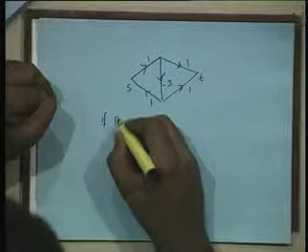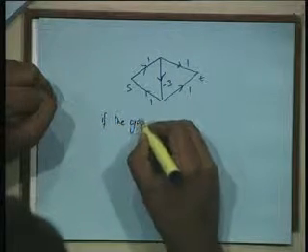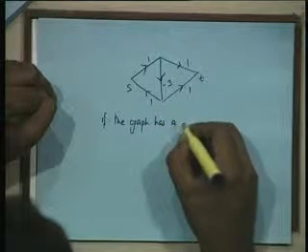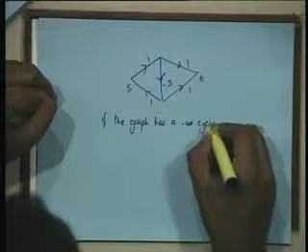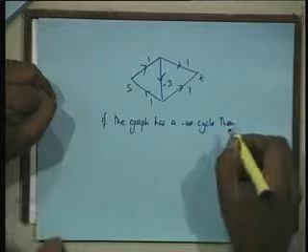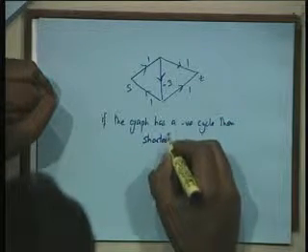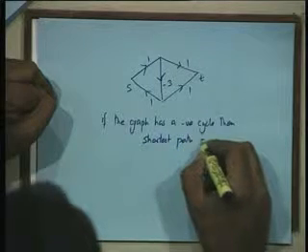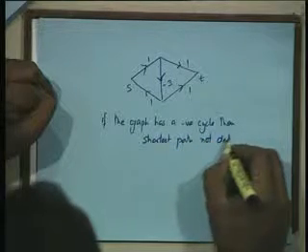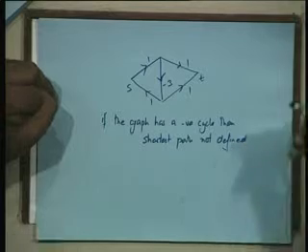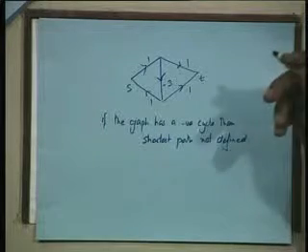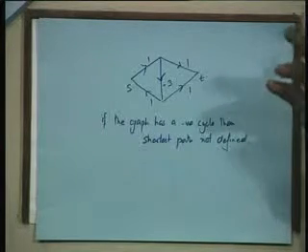So, if the graph has a negative cycle, then shortest path is not defined, or there is no notion of a shortest path anymore, because the length of the shortest path could be minus infinite.